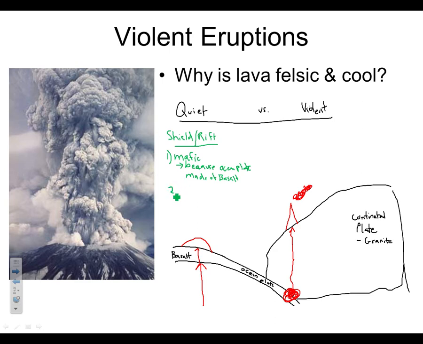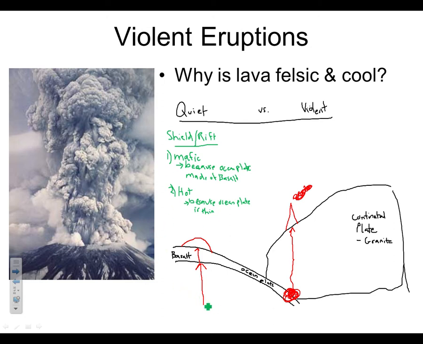It's not picking up any silica, so it's not going to get that sticky silica to it. Also, the lava from the ocean plates here is going to be hot. Why is the lava going to be hot? Because the ocean plate is thin. So we look at it again here.